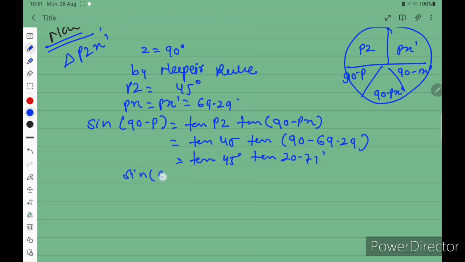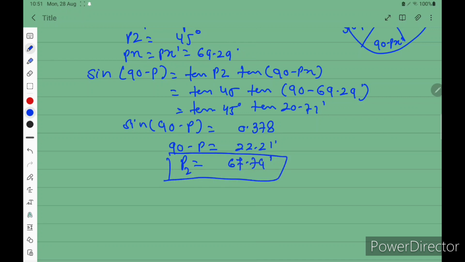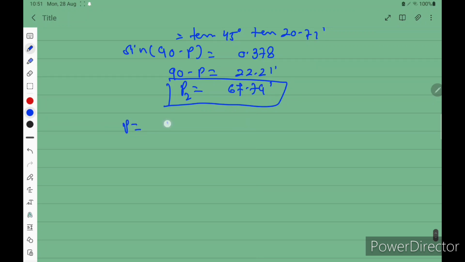So sine of 90 minus P is equal to 0.378. So sine inverse, 90 minus P is equal to 22.21. So P is equal to 67.79. So P is equal to P1 plus P2, which is 112.20 plus 67.79, equal to 179.99.